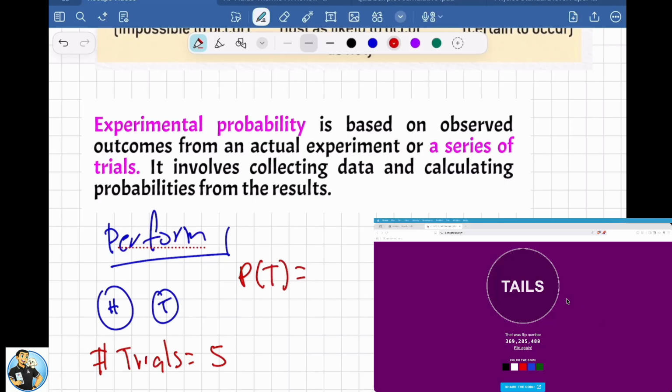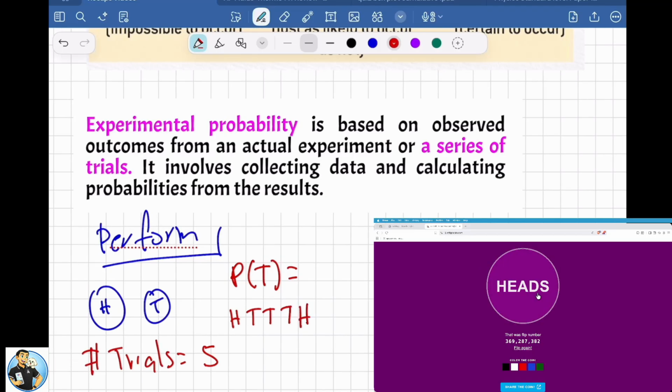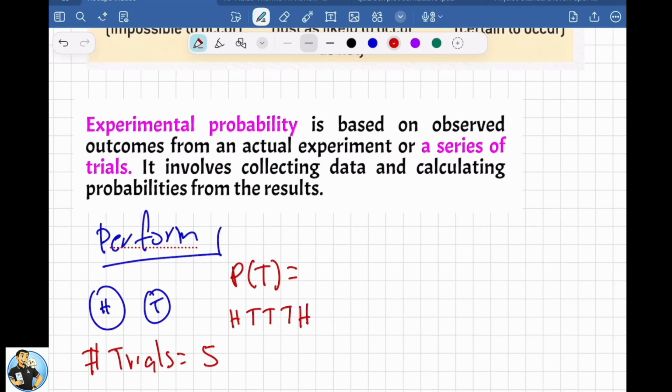So we must perform the experiment 5 times. So if we perform 1, this is the first one, heads. 2, tails. 3, tails. 4, tails. The last one, heads.